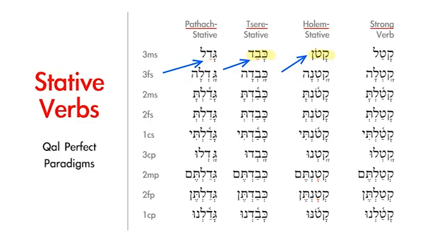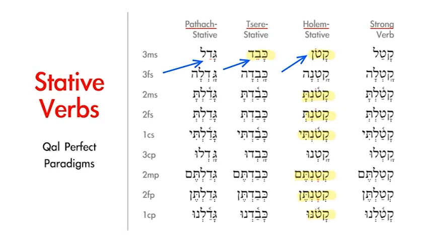Then in the 2ms, katonta, katont, katonti. Nothing in the 3cp because the stem vowel has reduced. Then the second masculine plural form, we're going to see a qamets-hatuf, katontem. The same in the second feminine plural, katontem. And then in the 1cp, katonu.